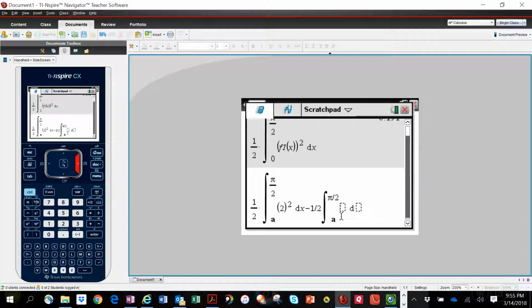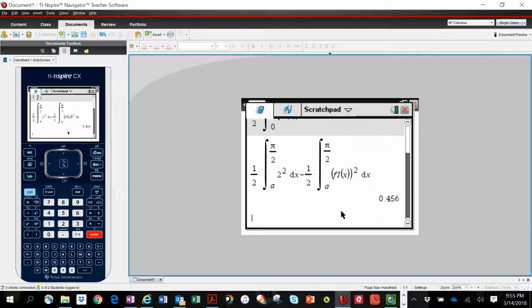Now this 2 plus sine 4 theta plus cosine theta, that's what we've got stored as our function f1. So we're going to square that, and we're going to integrate with respect to x. And if all goes well, we get 0.456. That is the area we're looking for.